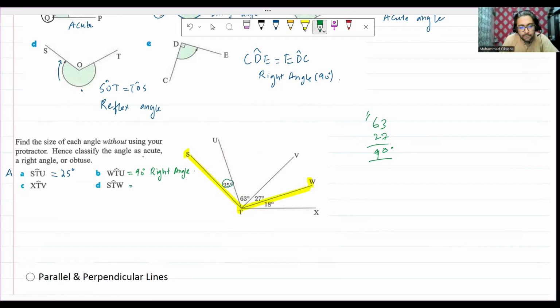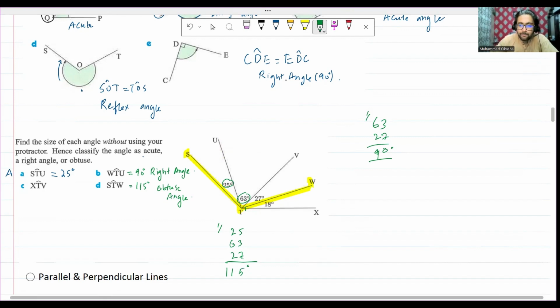STW has 25 degrees included, 63 degrees, and 27 degrees. 15, 6, 10, and 11. 115 degrees. It's 115 degrees, so it's going to be an obtuse angle. Okay, I hope it makes sense so far.